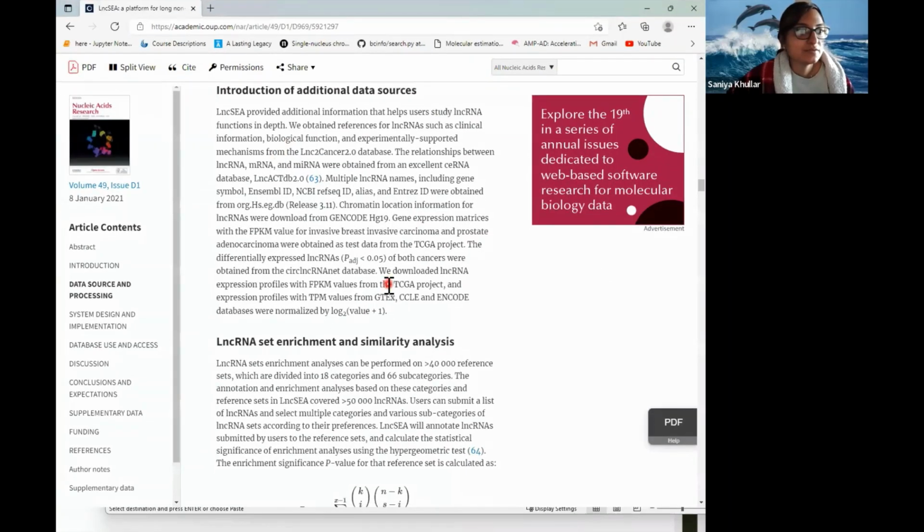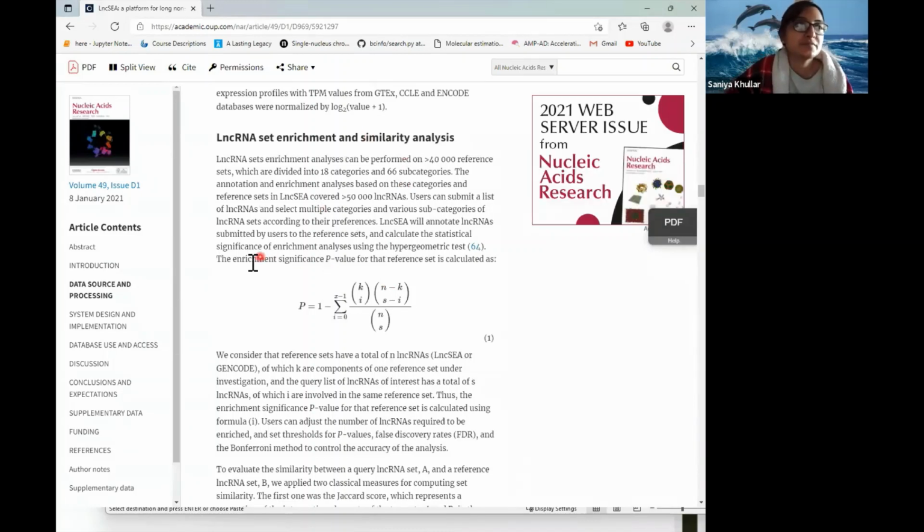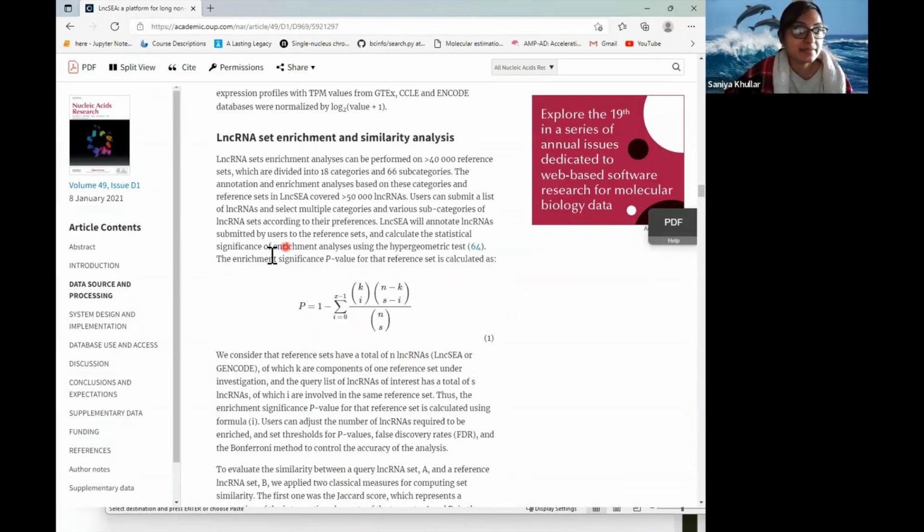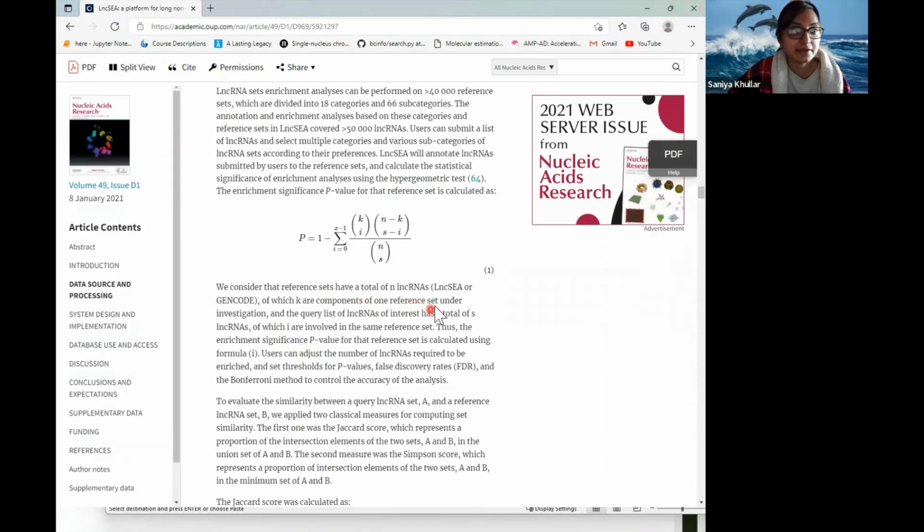And while it's loading, I want to show you how they do the enrichment analysis. When they find the p-value, they're using this math, doing a hypergeometric test, essentially looking at our reference set versus the query list.